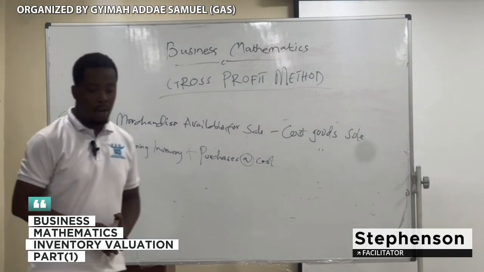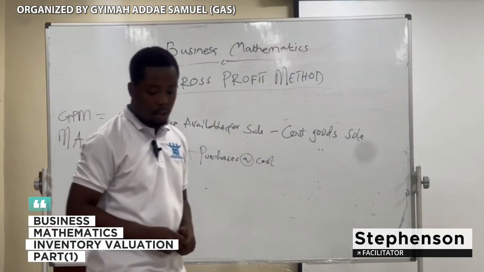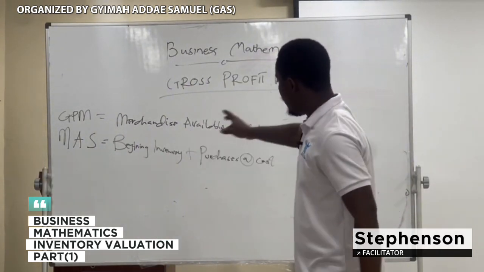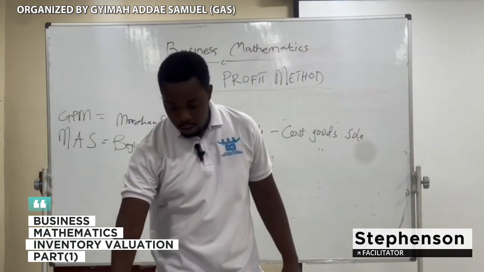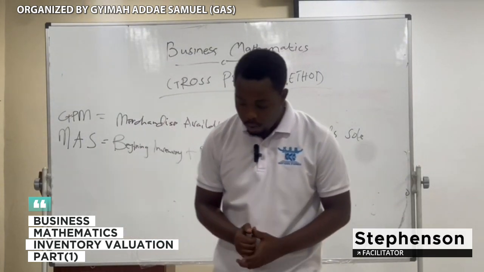Beginning inventory plus purchases at cost. So that's our formula for merchandise available for sale.